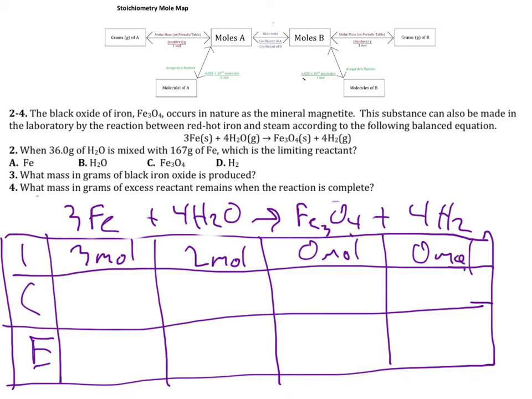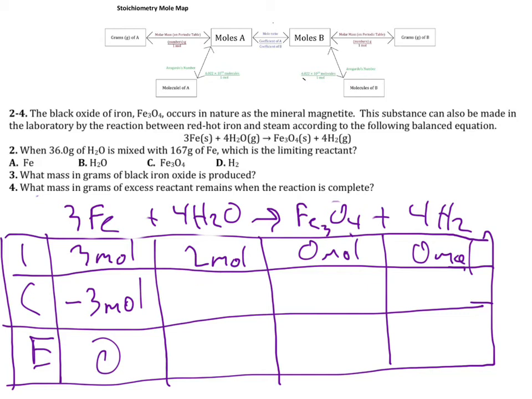So the change now, what I'm going to do is randomly pick the first one here. And so if all 3 moles of this react, we're going to lose all 3 moles and end up with 0 moles. But how much of this would we need?